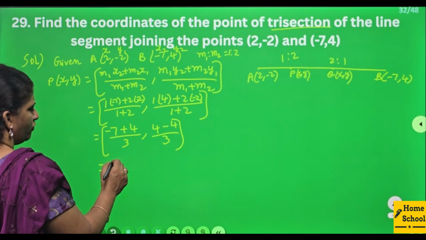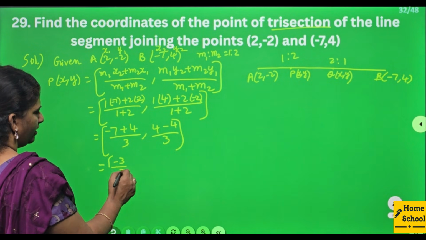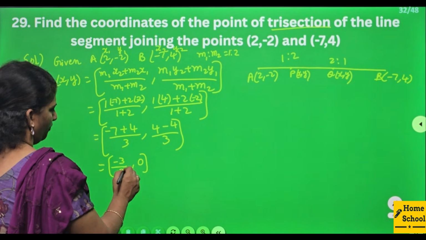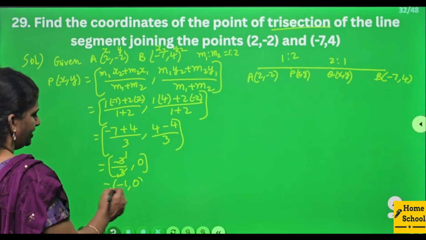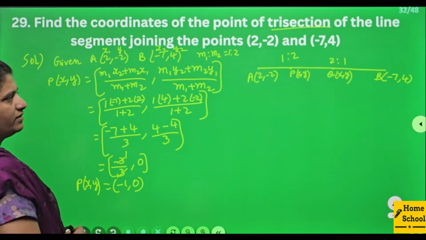Minus 7 plus 4 will be minus 3 by 3, comma, 4 minus 4 is 0, 0 by 3 is 0, 3 1s are. Therefore, your coordinate is (-1, 0).